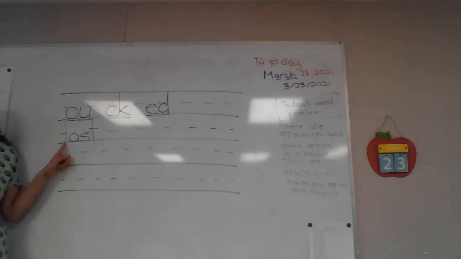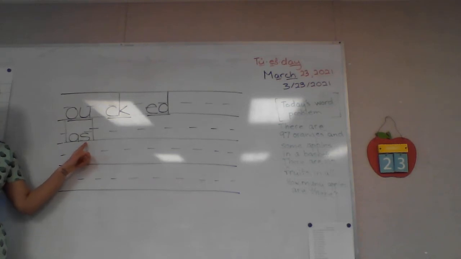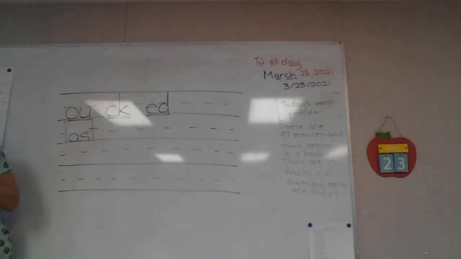Does this need a marking? No. This one? No, it's saying its first sound. This one? No. Class, in 3 seconds, tell me, what kind of syllable is this? One, two, what is it? Closed. Good. It's a closed syllable. Let's read our word. Last. Good.